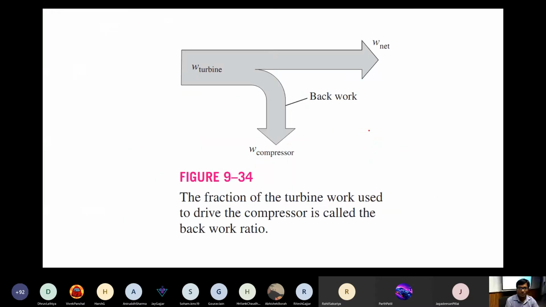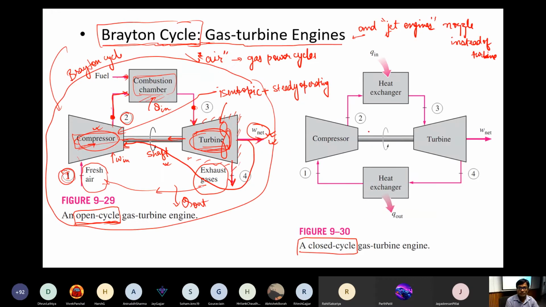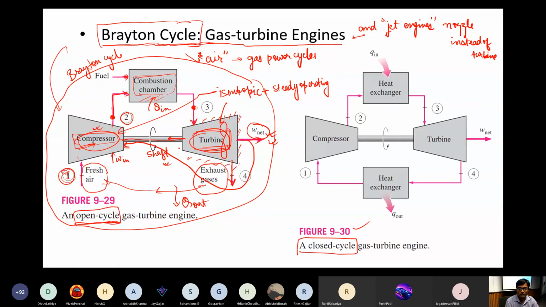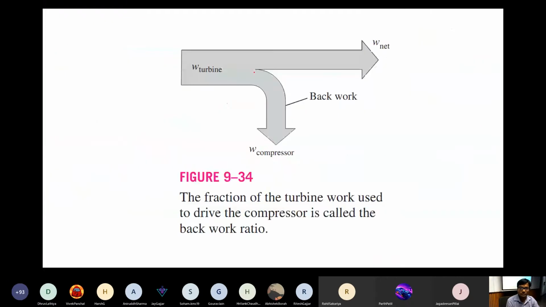So this slide we should discuss, because before going into the closed cycle we should discuss what's happening here. I have already told you that some portion of this work is being used to drive this compressor.